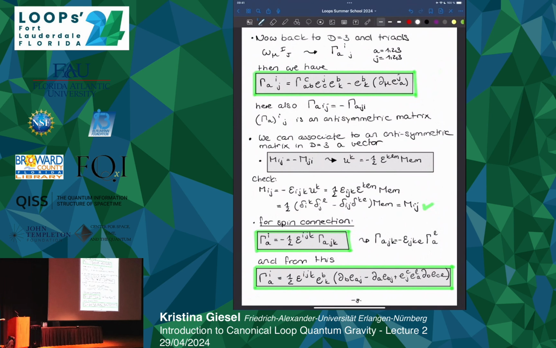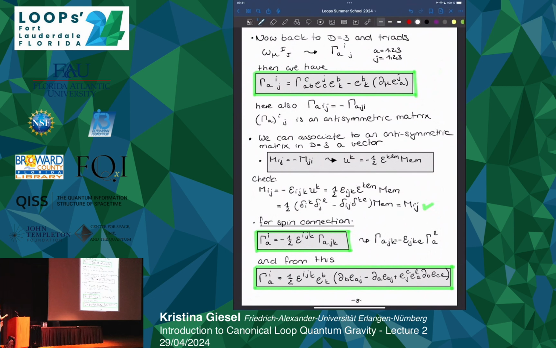So this factor of -1/2 is necessary because if you apply this twice, you want the identity, and since 2 epsilon tensors contract to 2 deltas, that's where this factor of -1/2 comes from. Which means instead of working with gamma_a^ij, we can also work with gamma_a^i, which is this combination of gamma_a^jk, and consider this as the degrees of freedom sitting in the spin connection.